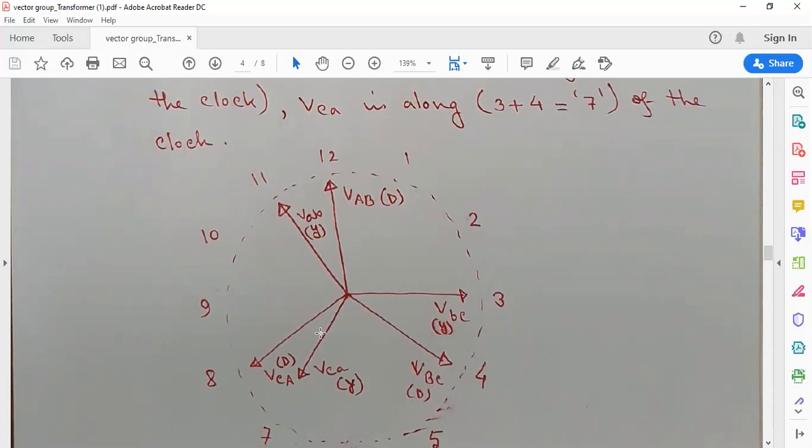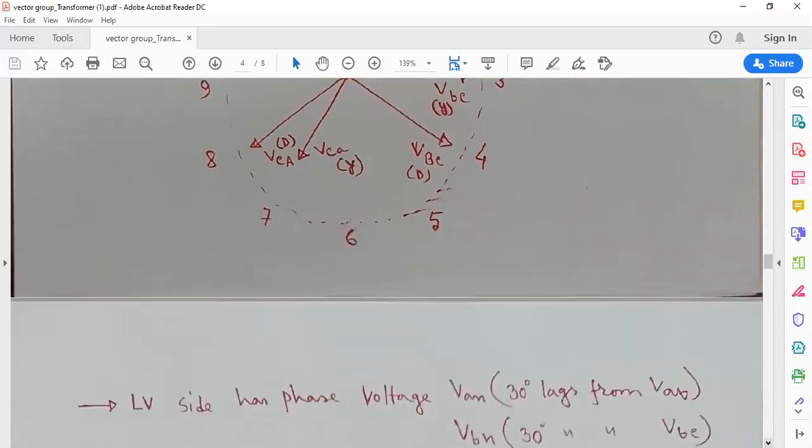Now we have completed many parts of our task. All the line voltages of the high voltage side and low voltage side are drawn, and the phase voltages of the high voltage side are the line to line voltages of the high voltage side, so we do not need to worry about that. The next task is drawing the phase voltages of the low voltage side.